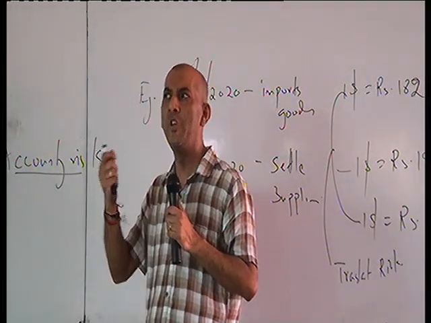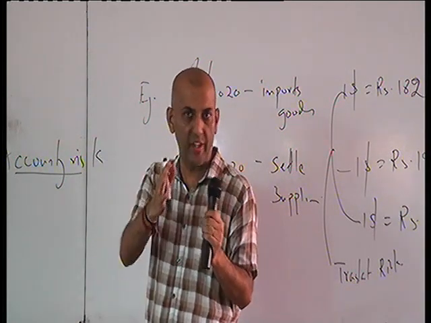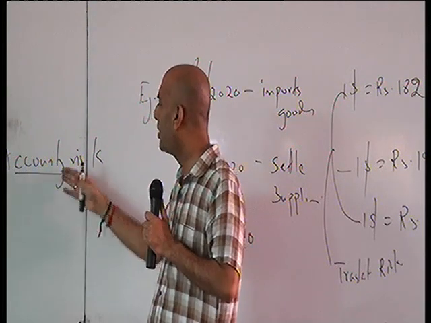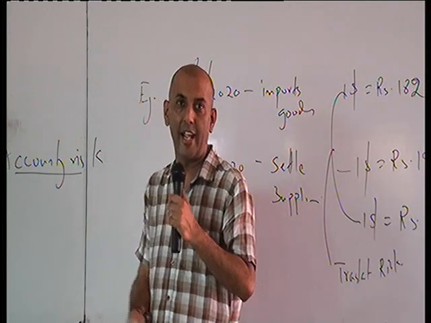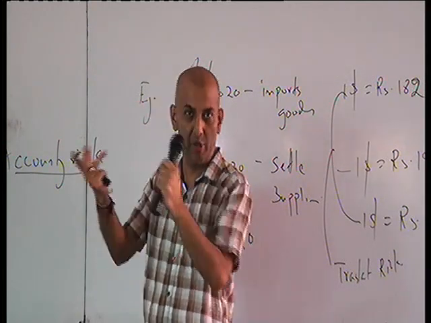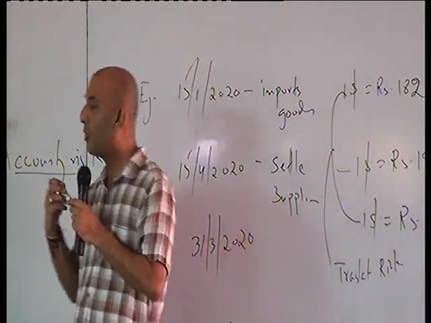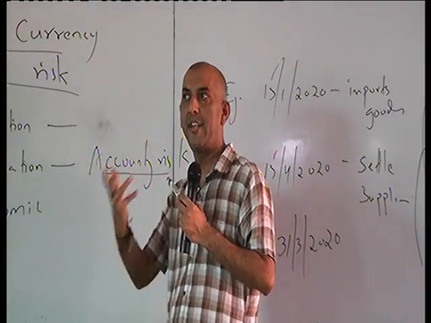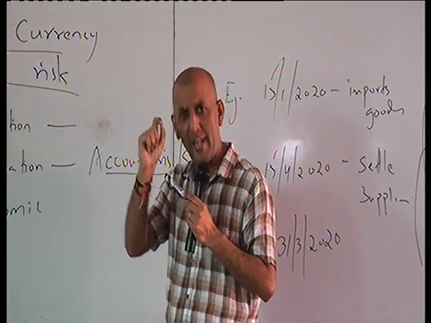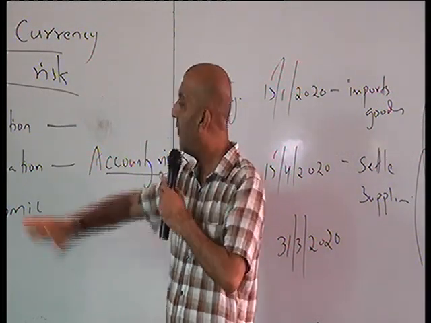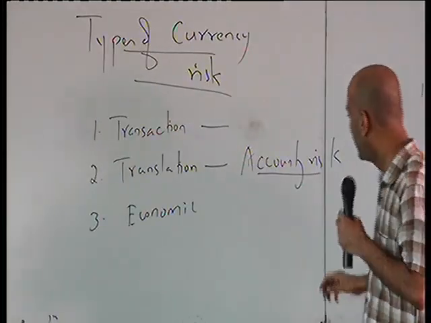You are not involving cash. It's only a book entry. You will account for assets and liabilities and losses and gains, but no cash outflow. But transaction risk usually you are incurring cash. You might lose, sometimes gain in terms of exports. It happens. So please note, out of the foreign currency related risk, transaction is the key risk. Day-to-day basis, all the companies face this. Not translation. That's accounting.